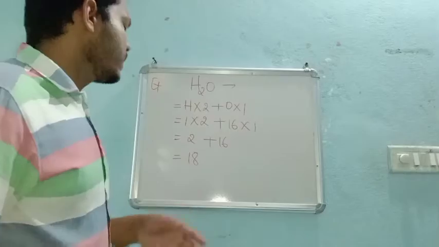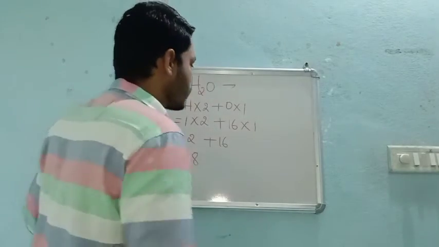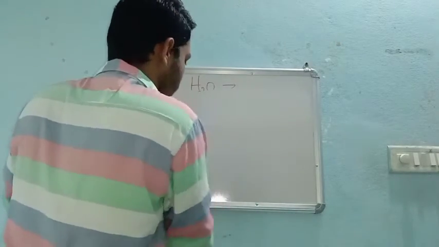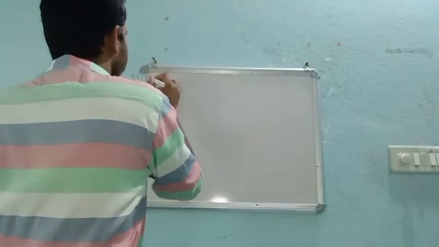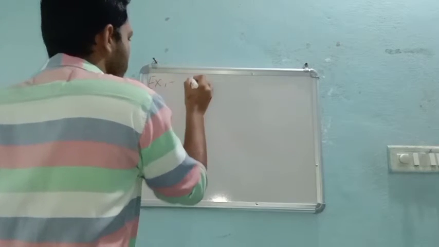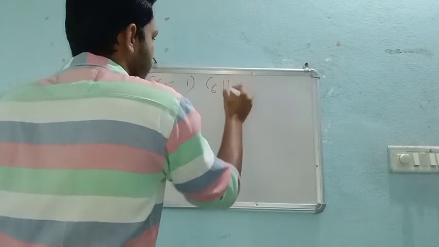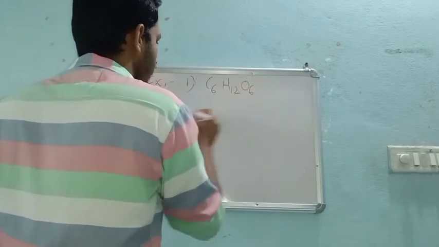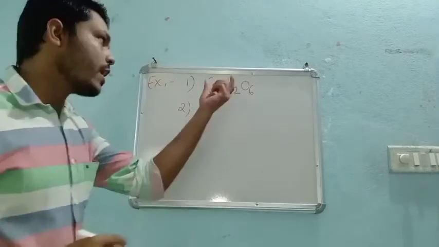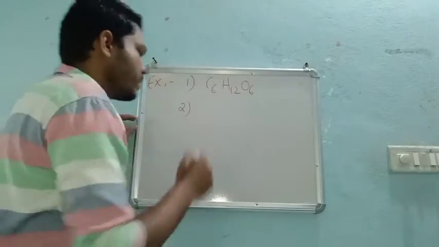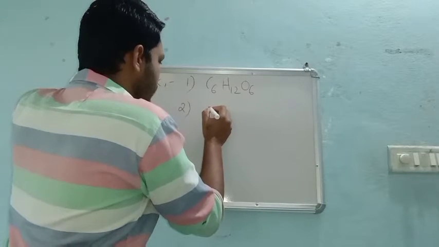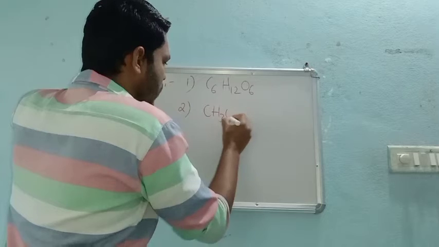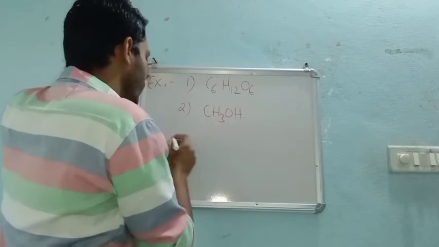So these are some examples. I will give you some assignments, right? You just solve these and try to send them to me, right? So assignment number 1, C6H12O6. Number 2, you just copy these examples so that it will be very easy for you to calculate. CH3OH, methanol.